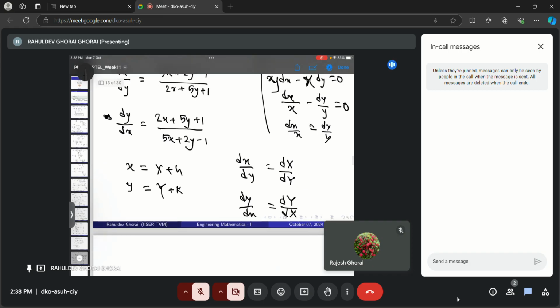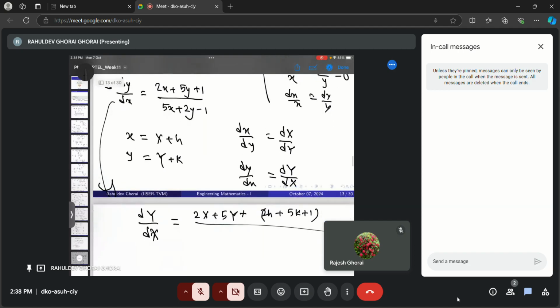The only thing that will change is, from here, you can write dy/dx is equal to (2x + 5y + 2h + 5k + 1) over (5x + 2y + 5h + 2k - 1), right?